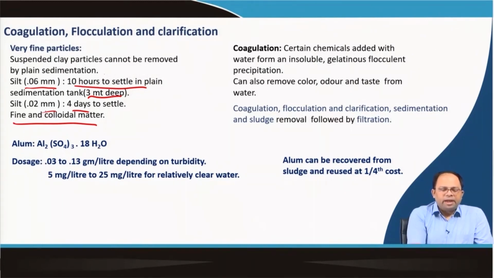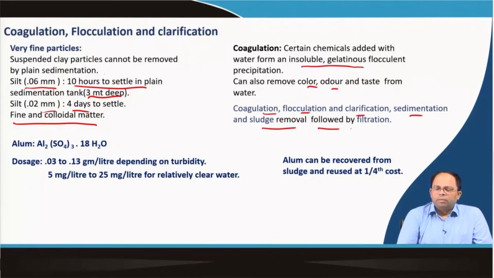That is why fine and colloidal matter is removed through coagulation, where we mix certain chemicals with the water, which forms an insoluble gelatinous flocculant precipitate, and this also removes color, odor and taste from water to a certain extent. And this entire process, as we have discussed, involves coagulation, flocculation, clarification, sedimentation and sludge removal, followed by filtration.